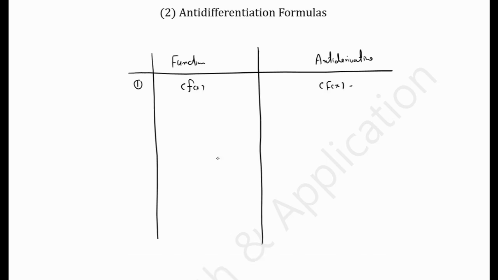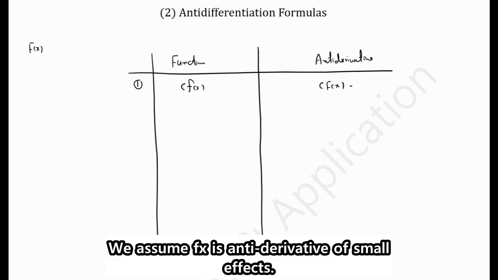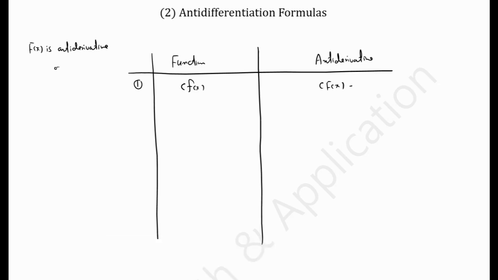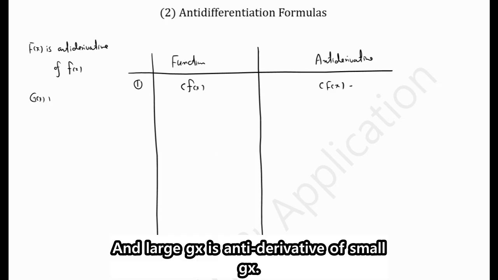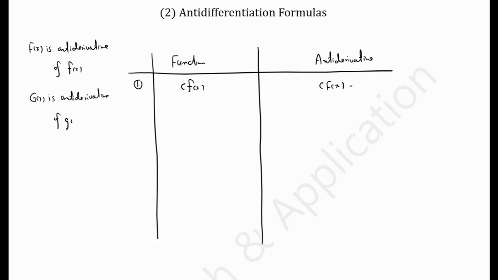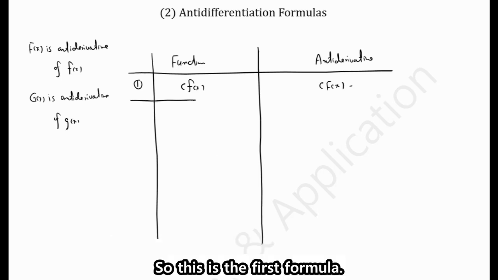We assume large F(x) is an antiderivative of small f(x), and large G(x) is an antiderivative of small g(x). So this is the first formula.